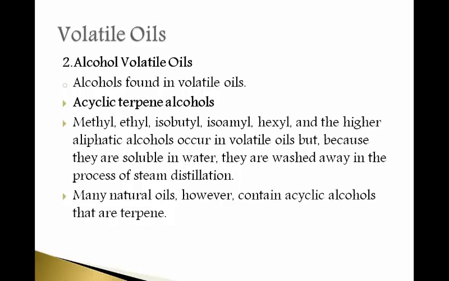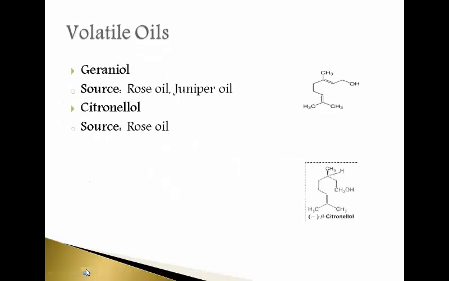However, many natural oils contain acyclic alcohol, which are terpene, and they include geraniol, which is present in some volatile oils like rose oil, juniper oil, and it is acyclic in structure and also has 10 carbons, being monoterpene.